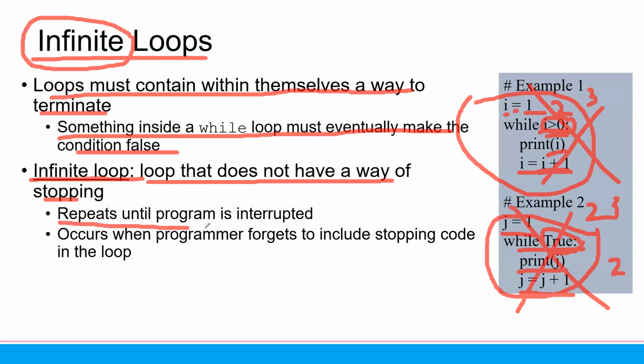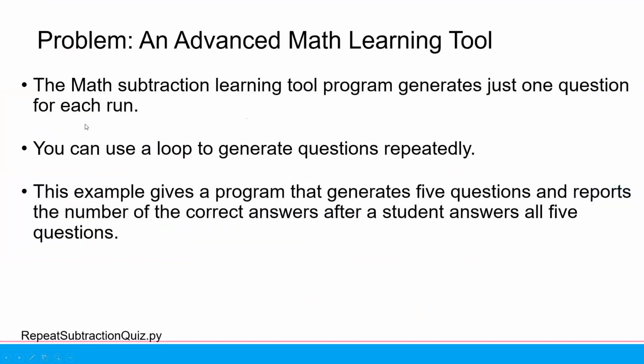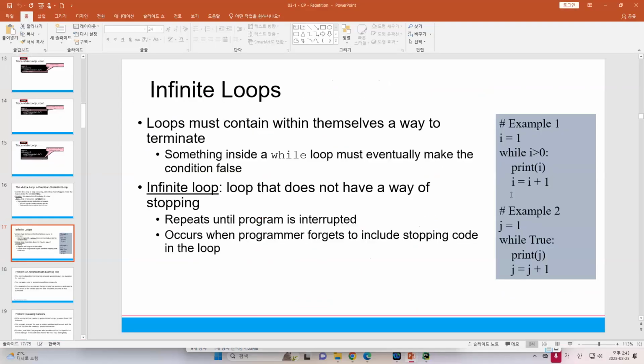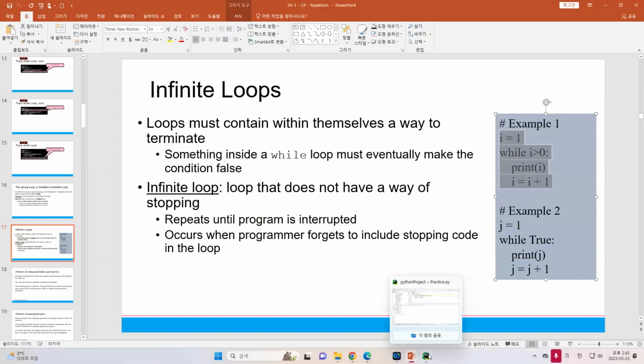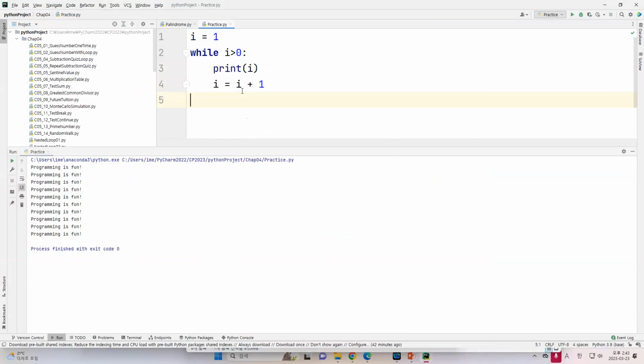So it means it repeats until the program is interrupted. It occurs when the programmer forgets to include stopping code in the loop. So let's see. I will make this one in Python, in PyCharm. Okay. So if it happens to you, how can you stop it? Okay, let me run.